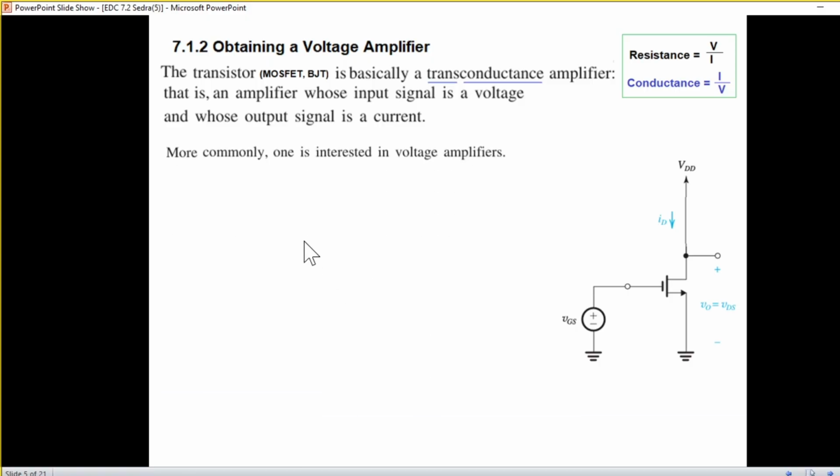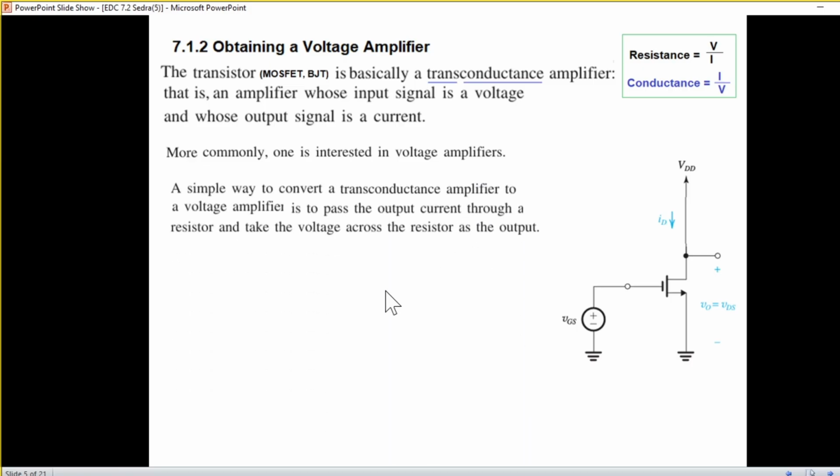But more commonly, one is interested in the voltage amplifier, not the transconductance amplifier. So to convert this into a voltage amplifier, we add a resistance here and take the voltage across the resistance as the output.